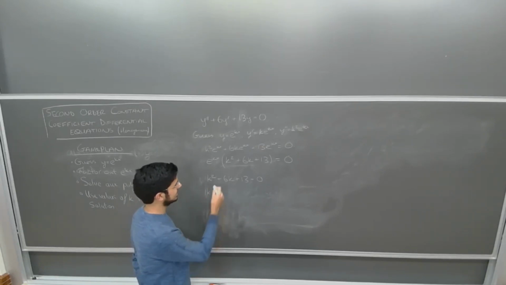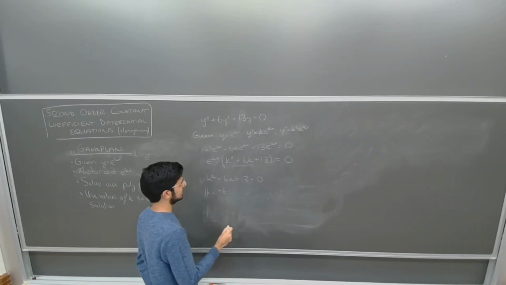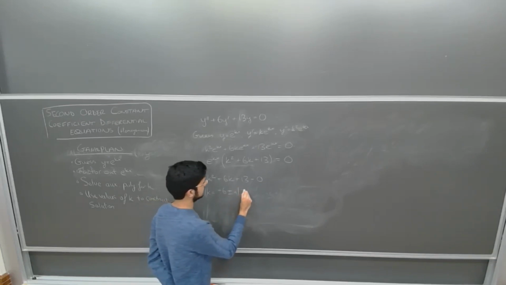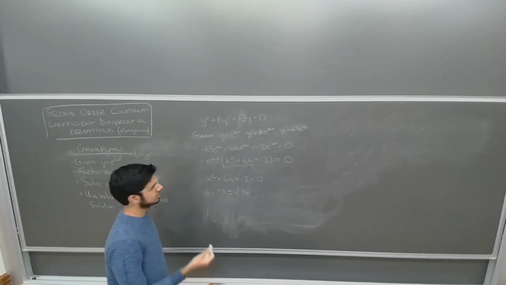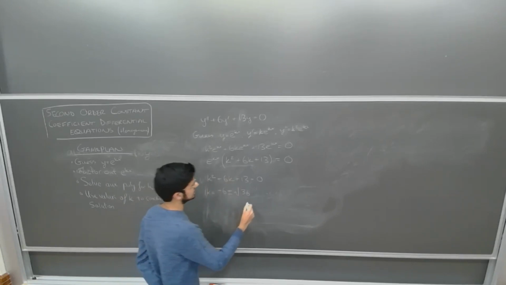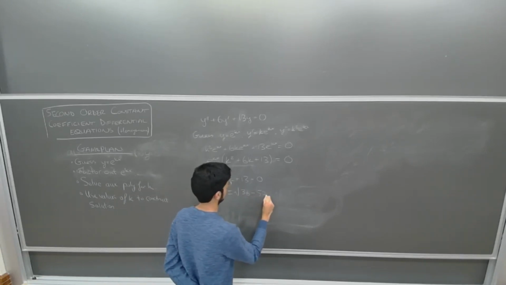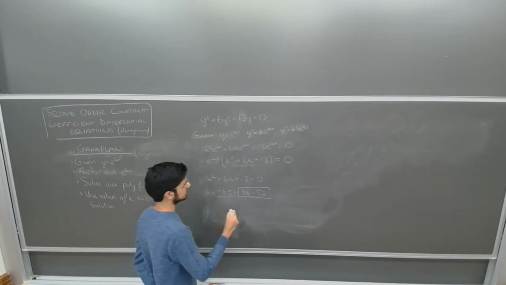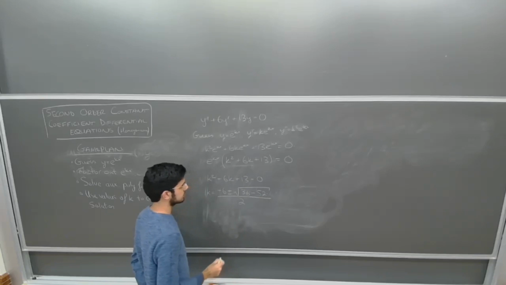So let's see. Negative b, negative 6, plus or minus the square root of b squared, 36, minus 4ac, so 4 times 1 times 13 is 52, all over 2a, which is 2 times 1. So that's 2.